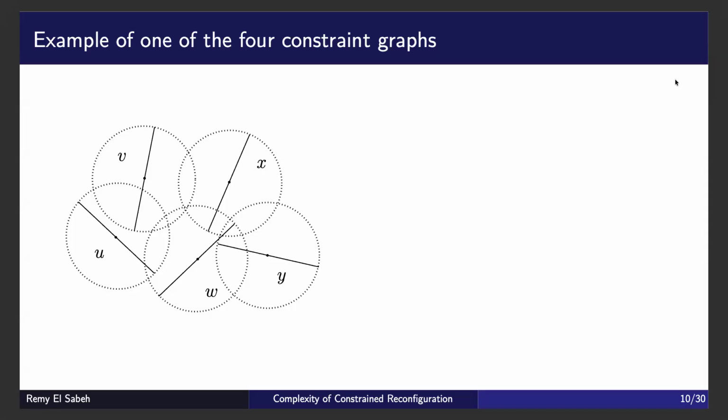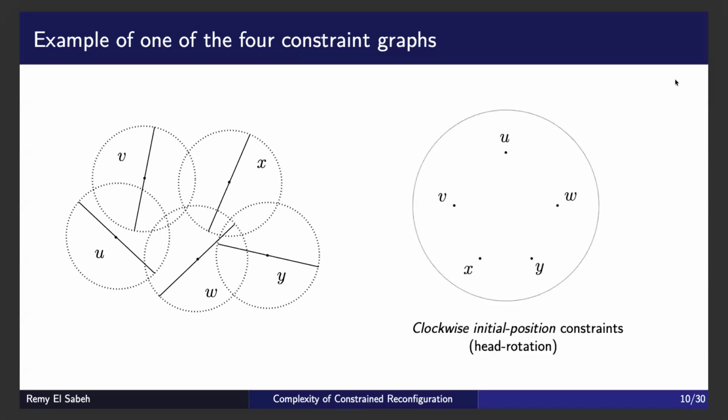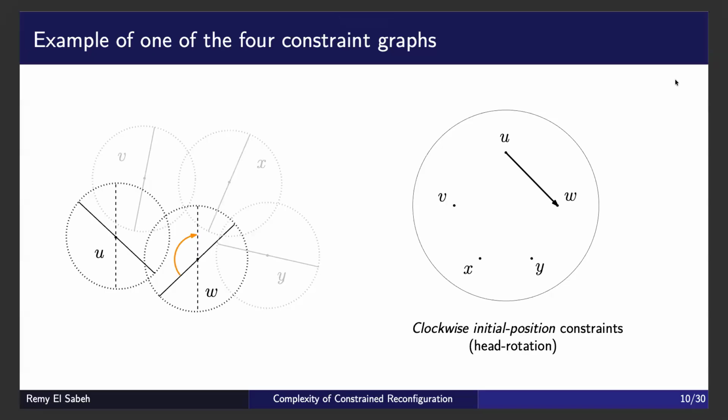Okay, so let's take a look at this instance to illustrate one of the four directed graphs. So we're looking at the clockwise initial position constraint graph. So we'll start by zooming in on two of our robotic arms. That's U and W. So if W rotates clockwise, it's blocked by U's initial position.